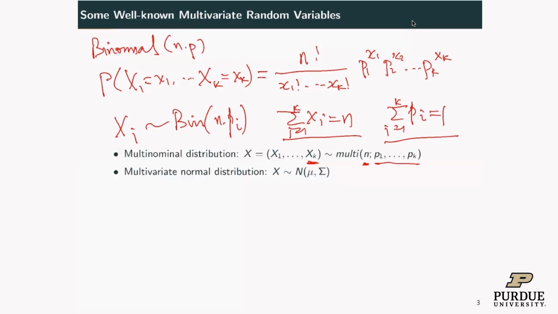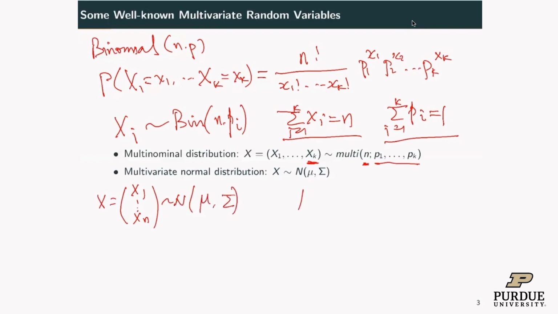Another important distribution is called the multivariate normal distribution. This is a continuous random variable. For example, x is an n-dimensional random vector that follows a multivariate normal. So we have a mean vector and a covariance matrix.